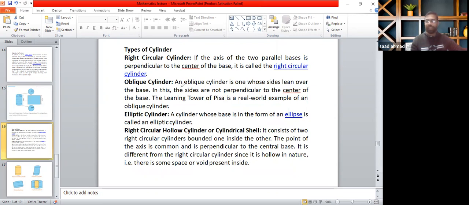An oblique cylinder is the one whose side can lean over the base. When we say right, it means the 90-degree angle. A right angle is a 90-degree angle.